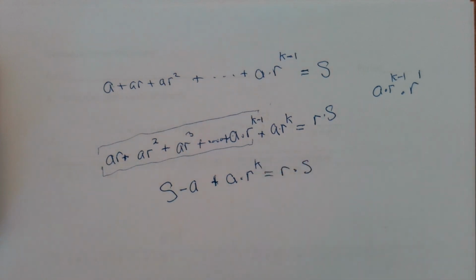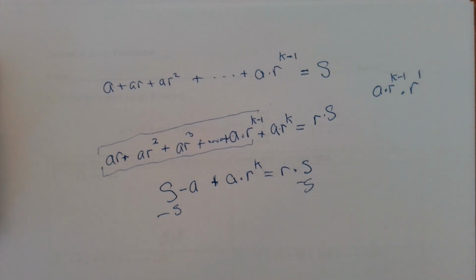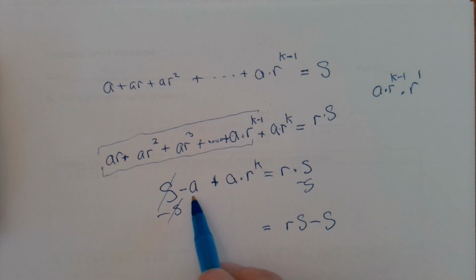And we have 2 or 3 more steps and we'll be done. Subtract this from both sides. Actually, no, subtract this s from both sides like this. Because we want s's all on one side. So now the right side looks like rs minus s, and the left side looks like negative a plus a times r to the k.